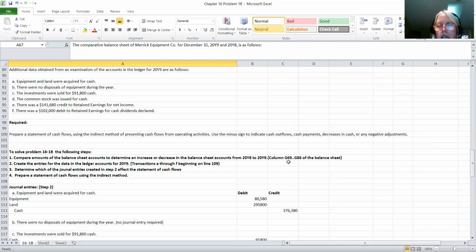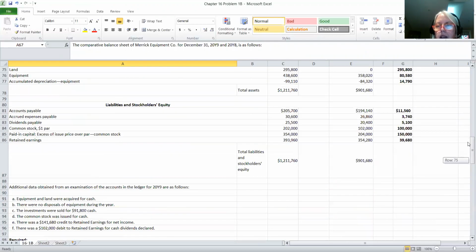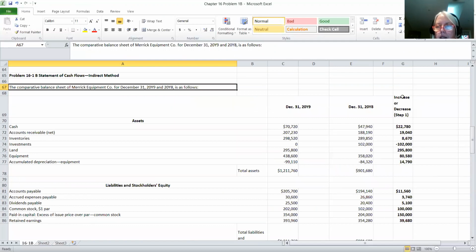In column G, row 69, you can see that I've added a column where we're going to determine the increase or decrease from the year 2008 to 2009 in each one of the balance sheet accounts. That's the first step in analyzing the information to get it ready to prepare the statement of cash flows using the indirect method.